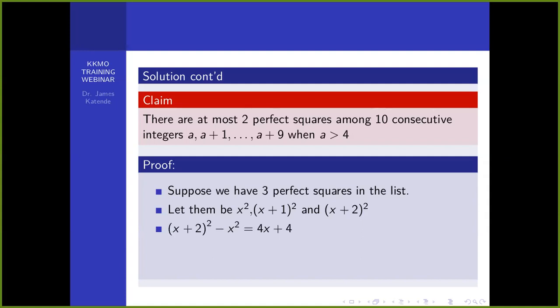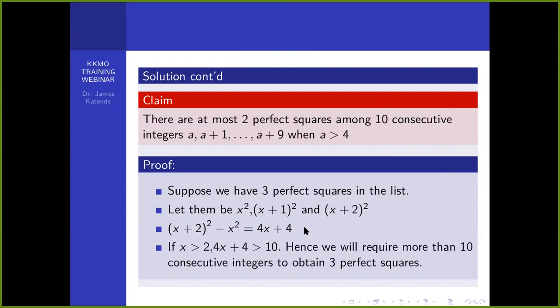So x plus 2 squared minus x squared gives you the difference between the largest and the smallest perfect squares in the list, which is 4x plus 4. And you will notice that whenever x is bigger than 2, in which case the smallest perfect square is 4, this difference 4x plus 4 will be greater than 10.